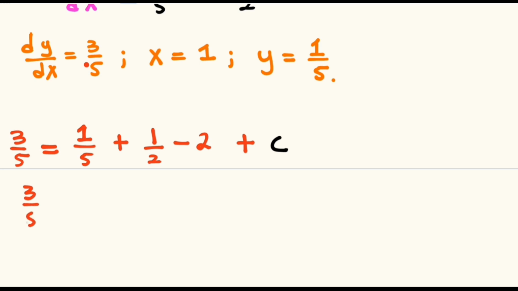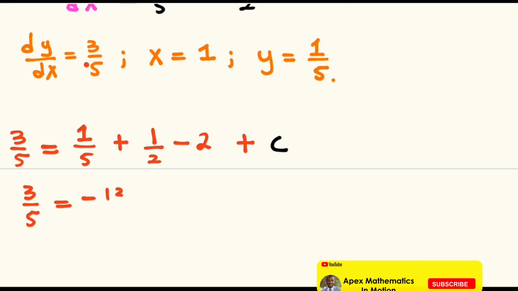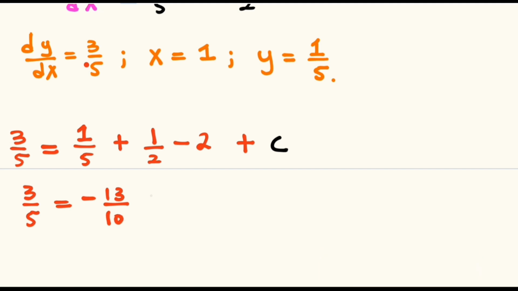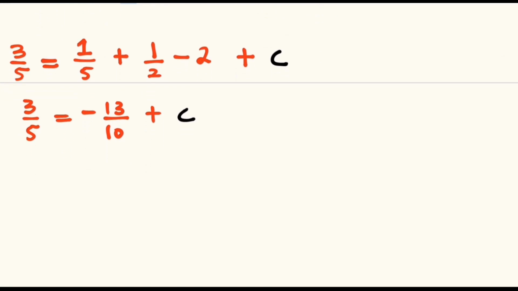So the 3 divided by 5 will be equal to 1 divided by 5 plus 1 divided by 2 minus 2, which is equal to negative 13 divided by 10 plus c. And from here we take this negative 13 divided by 10 to the left, and it's gonna change sign from negative 13 divided by 10 to positive 13 divided by 10, and this is equal to the constant c.